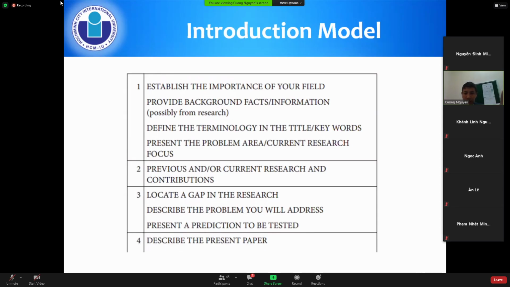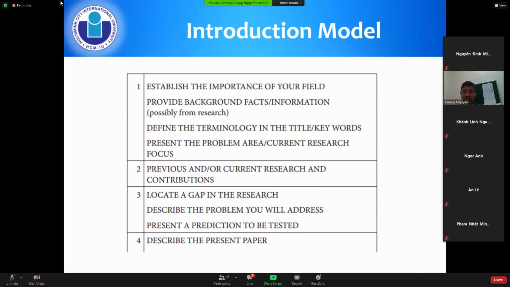So this is the introduction model from your textbook, which is a very good one. However, to make it simpler, we have 4 components. Number 1 is a kind of background. Number 2 is a kind of lit review. Number 3 is a kind of research gap.